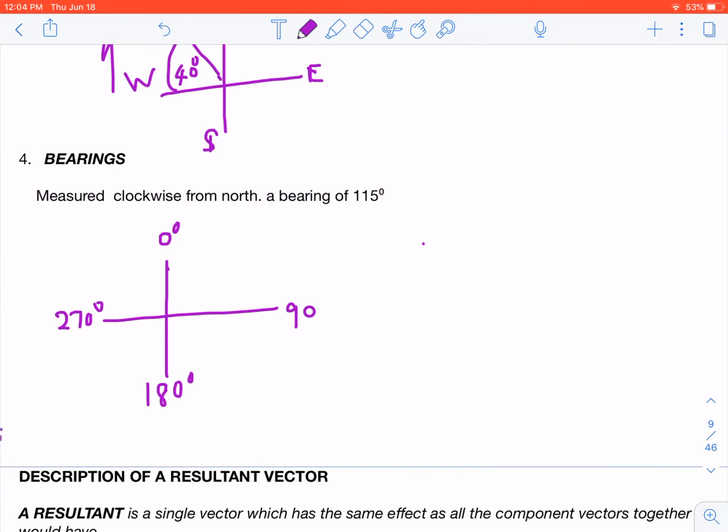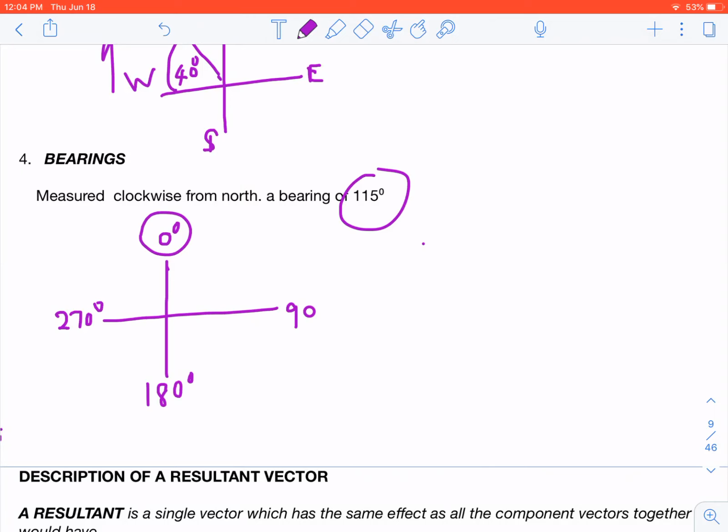So, for instance, if we have 115 degrees, when we measure it, we start with 0 degrees here, and it's measured clockwise.